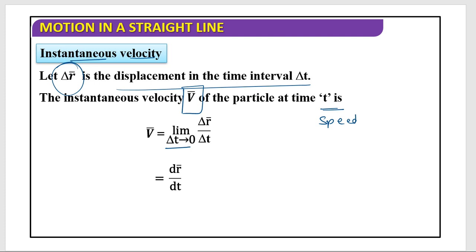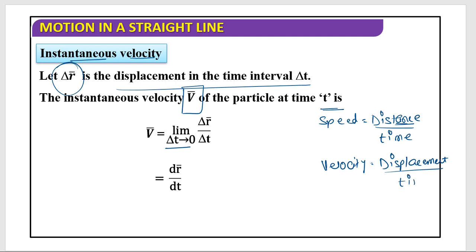We know that speed equals distance divided by time. I'm doing the same thing. If it is velocity, it is displacement divided by time. So this is displacement, this is time.